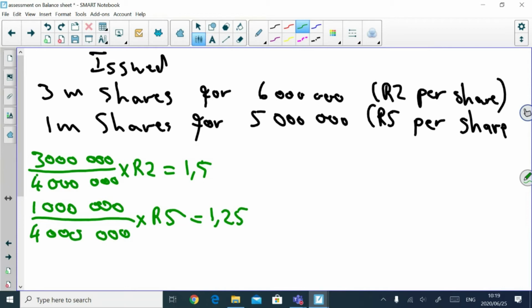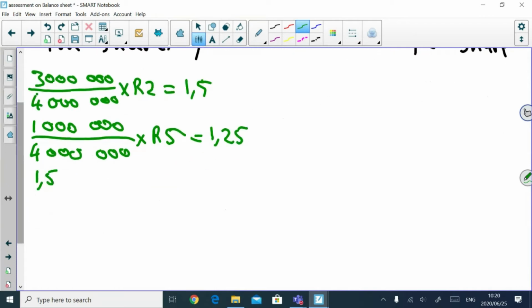Then we'll add the 2, and it will give us the result per share. So we are not done.